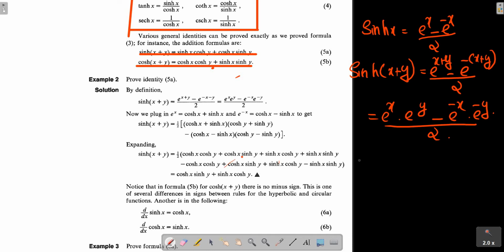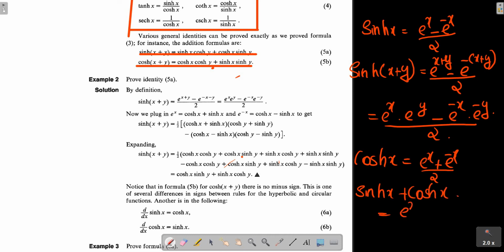We have cosh x is equal to e raised to x plus e raised to minus x divided by 2. And what will you get by adding these two, sinh x plus cosh x? That's equal to (e raised to x minus e raised to minus x plus e raised to x plus e raised to minus x) divided by 2.